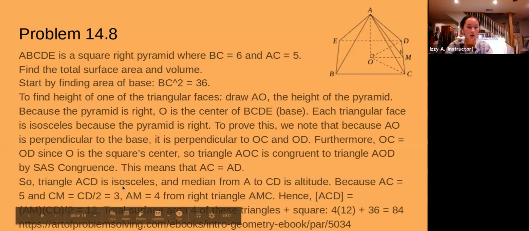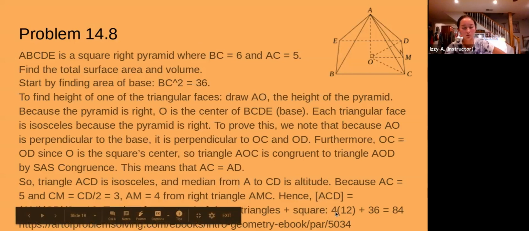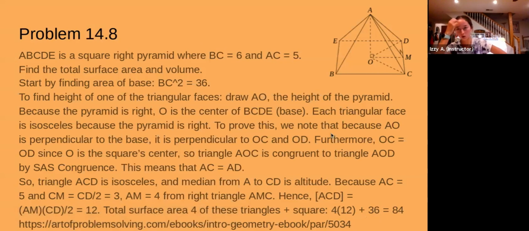These are all values that we figured out from right triangle AMC. So the area of ACD is going to be AM times CD divided by 2, which is the formula of a triangle, and that's going to be 12. Then the total surface area for 4 of these triangles plus the square is going to be 4 times 12 plus 36, which is 84.